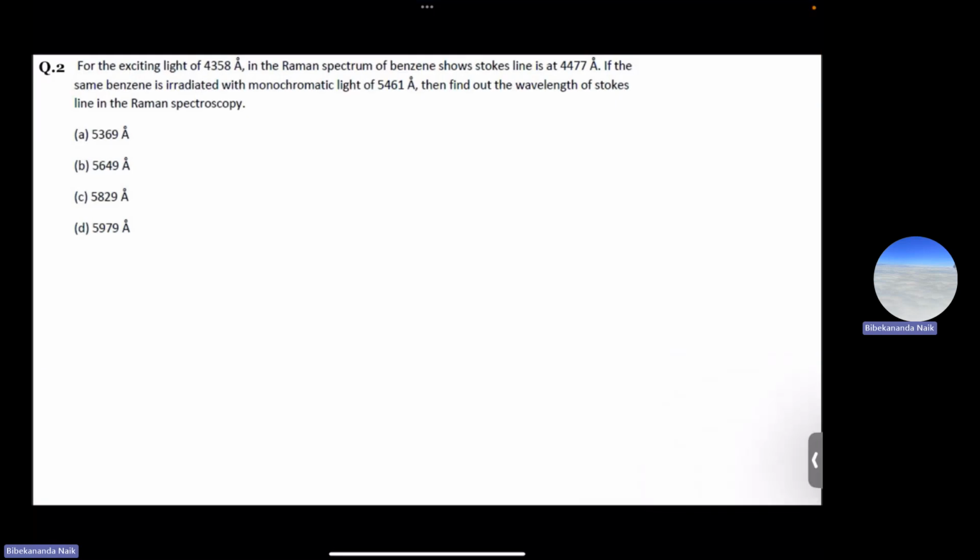So now let's solve this question. Like the previous question, the wavelengths are given, but we know Raman shifts are in terms of wave number, so we need to convert wavelength to wave number.